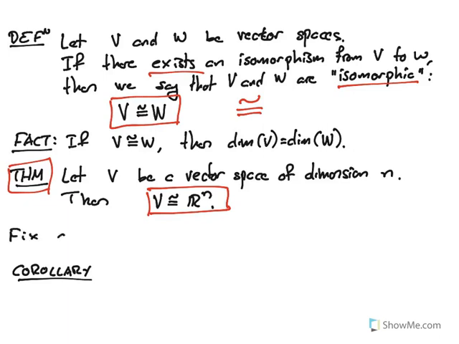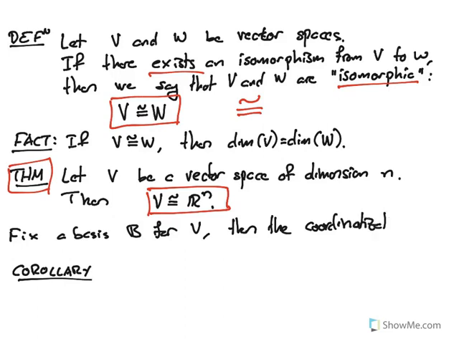So if you fix a basis B for V, then the coordinatization map that maps a vector x in V to its vector of coordinates is an isomorphism.